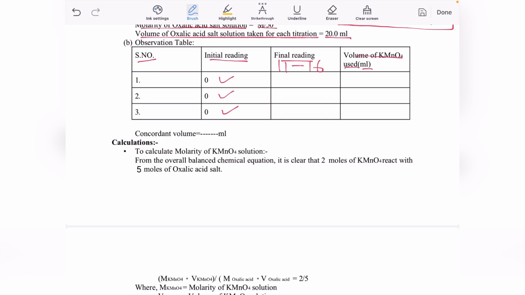You can take any value in this range, then your final answer will always be 0.01 M KMnO4 solution, and the strength comes out 1.58 gram per liter. Suppose here I just take 13 or 14 ml. So 13 ml, and the concordant volume comes out 13 ml here.